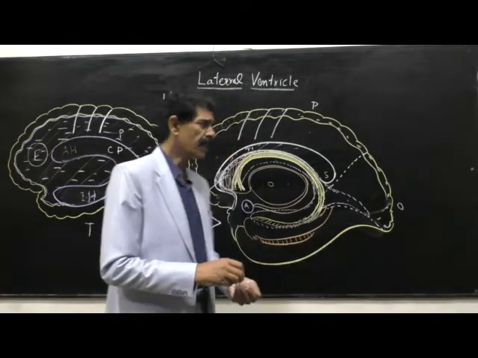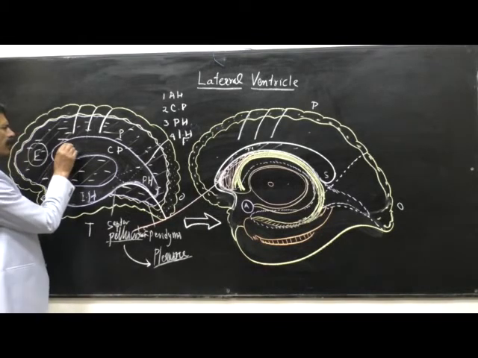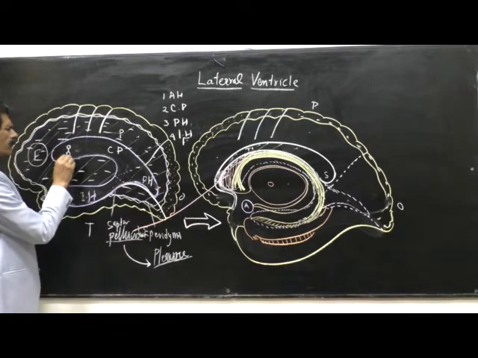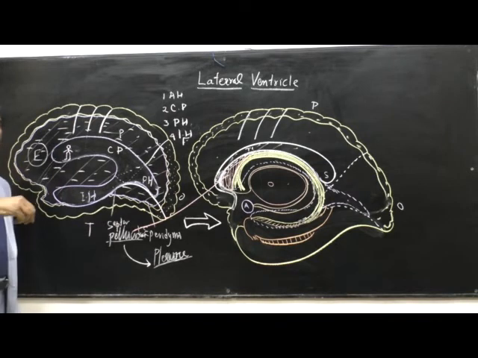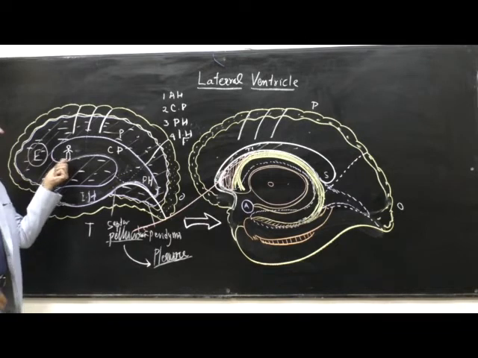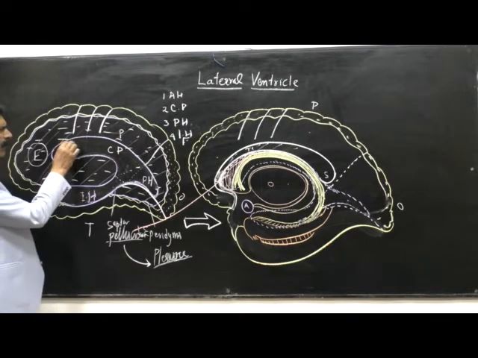So consider that you are standing in the anterior horn. You are in a room. The anterior horn is a room in which you are standing. Your feet are touching the floor. Your head is seeing the roof.